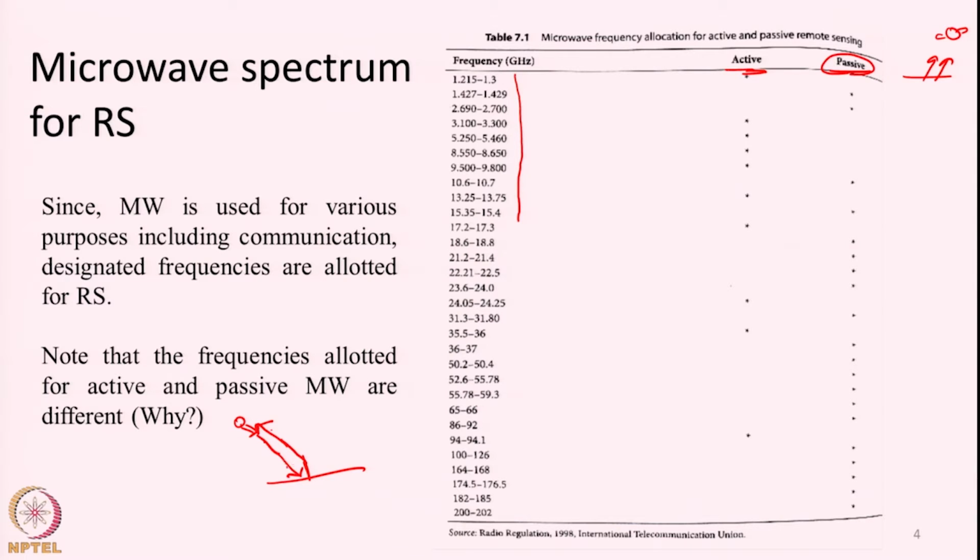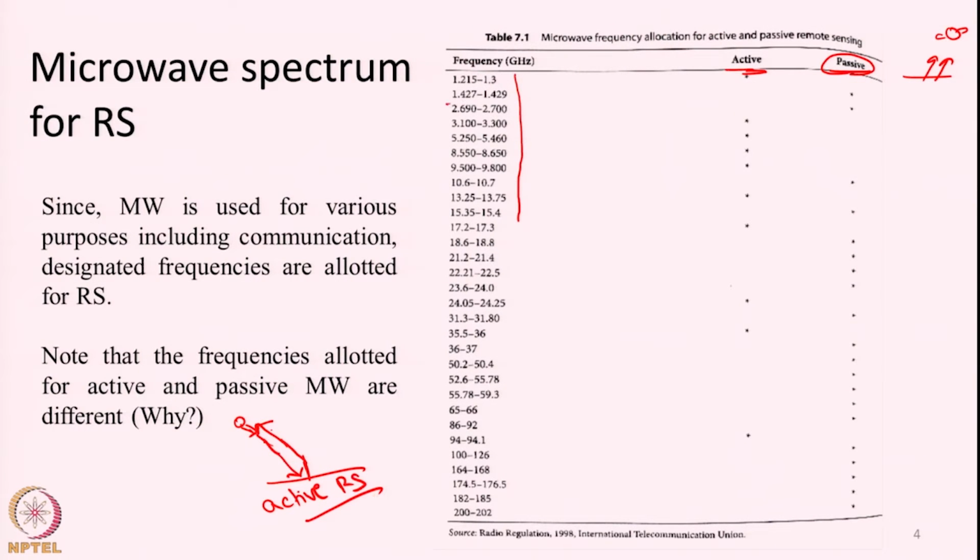So, this process where the sensor itself transmits certain energy and receives it back, we call active remote sensing. In microwave it is possible to do active remote sensing. We can send a radar to space that will transmit EMR in microwave wavelength and get the reflected signals back. Active remote sensing is a topic we are going to see next after we finish passive microwave. So, that is possible in microwave.